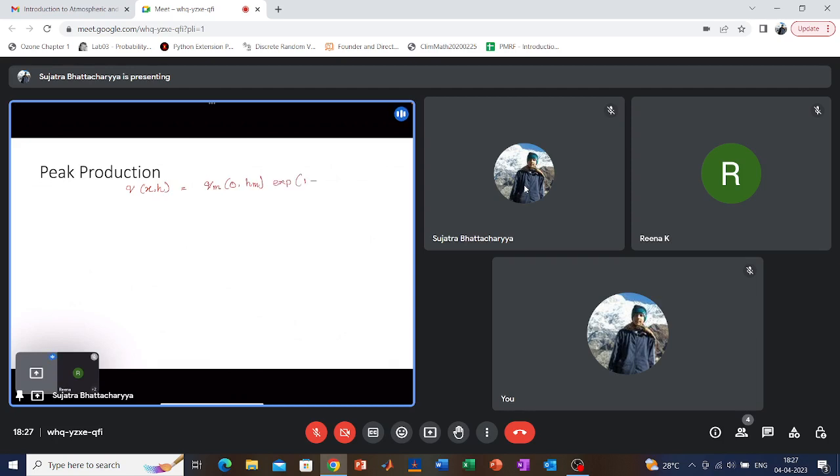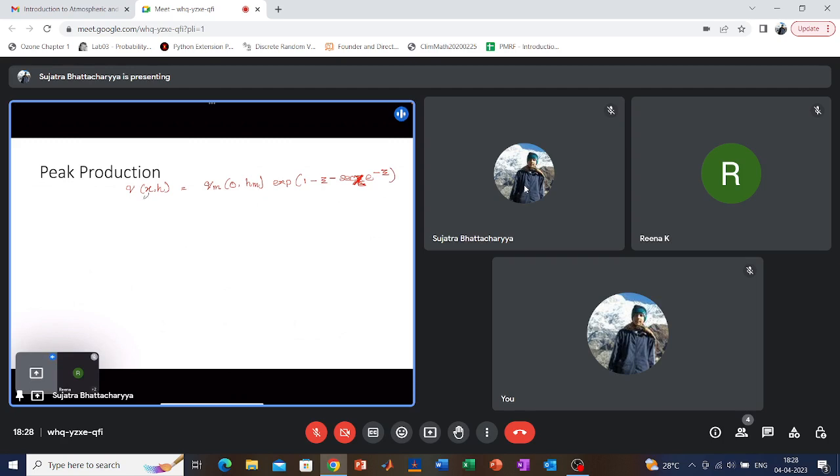We have written 1 minus zeta minus sec of chi e to the power zeta, minus e to the power chi minus zeta. So this is the exponential expression which we have found out for the peak production.